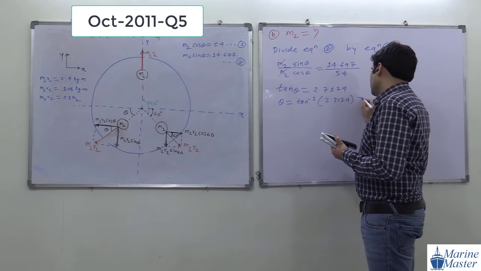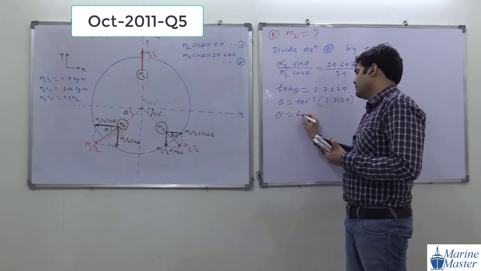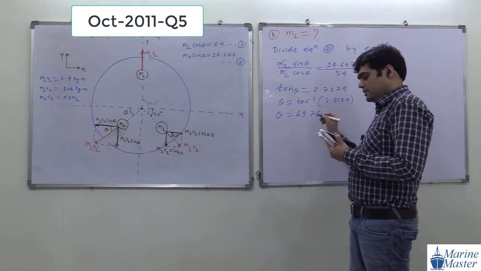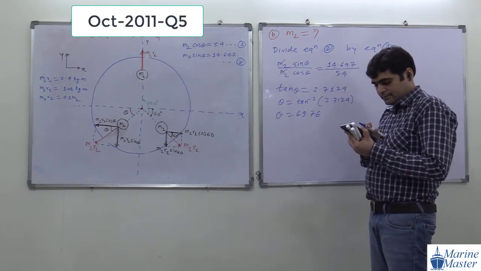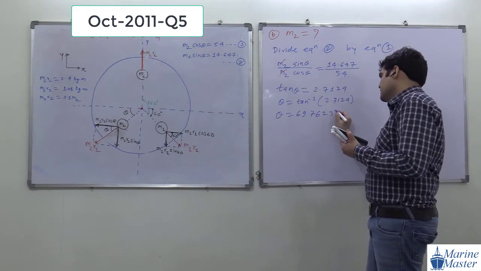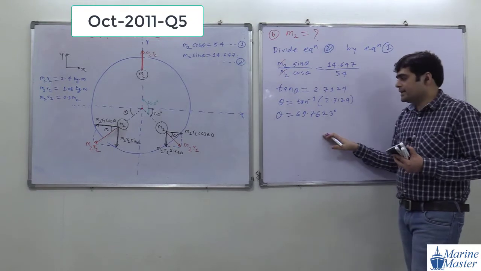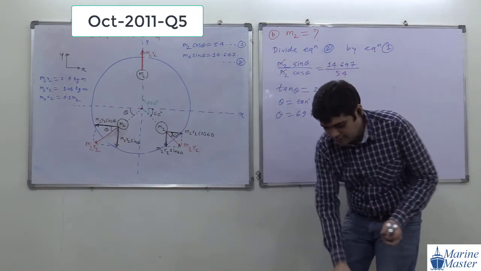What will be the value of theta we will get? 69.7623 degrees.